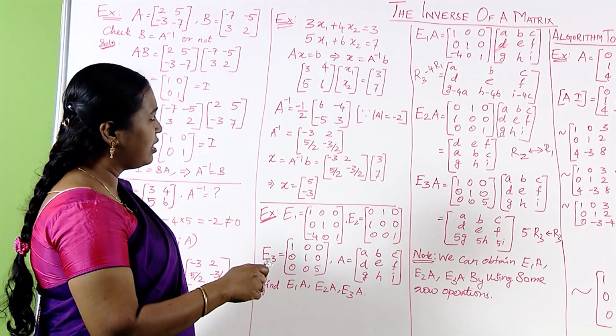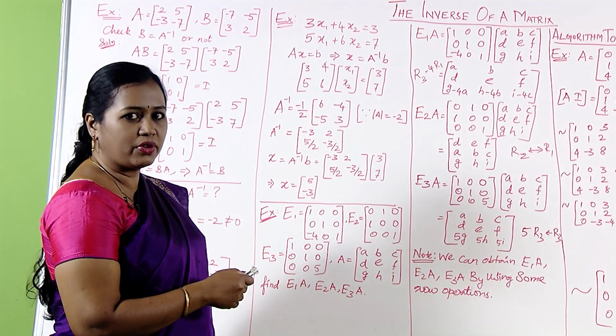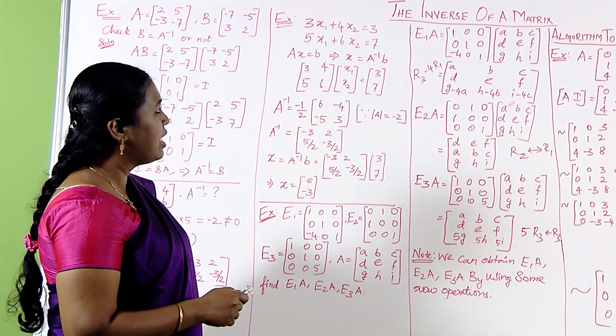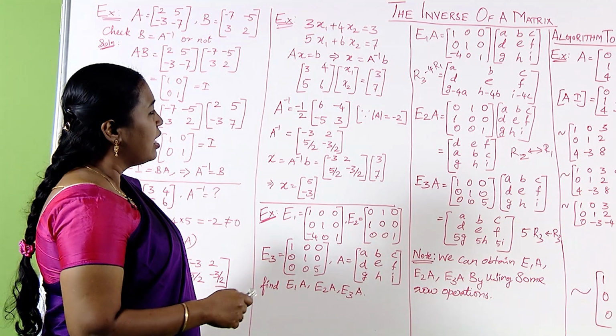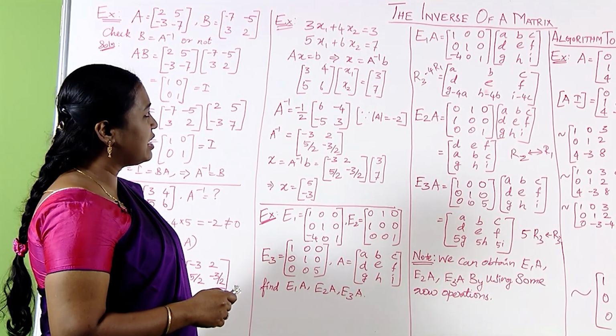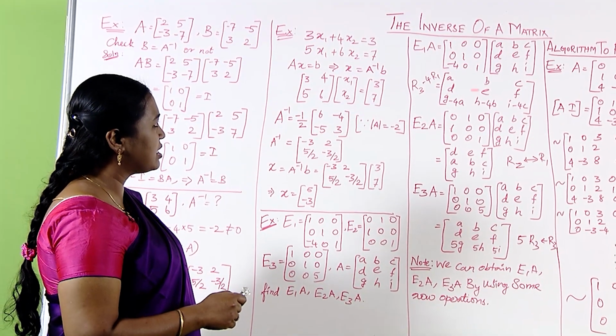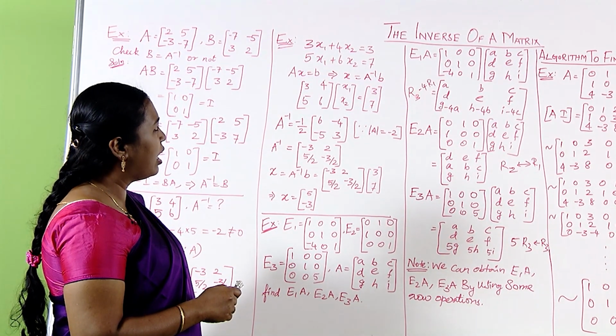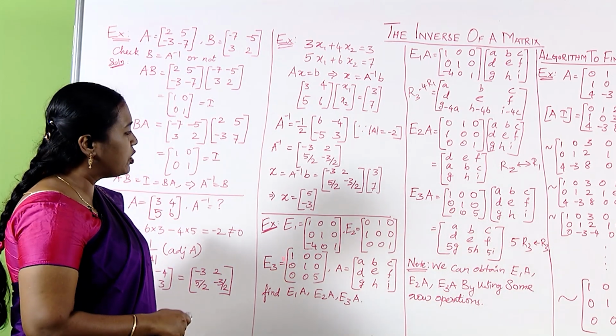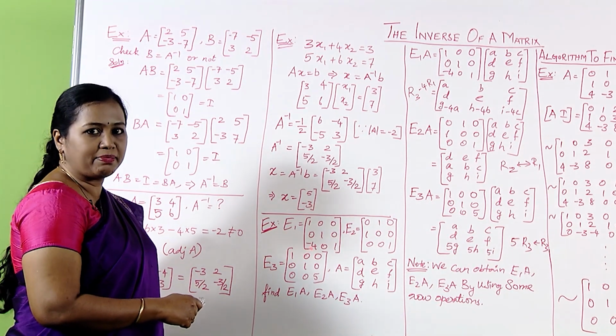I am multiplying these 2 matrices, right. You can check for yourself that this will be the matrix that you arrive at. Additionally, you can see that this same matrix can be got from E1 by merely doing R3 minus 4 R1, which was how we got E1 in the first place.